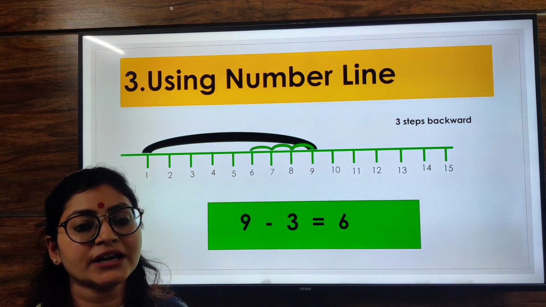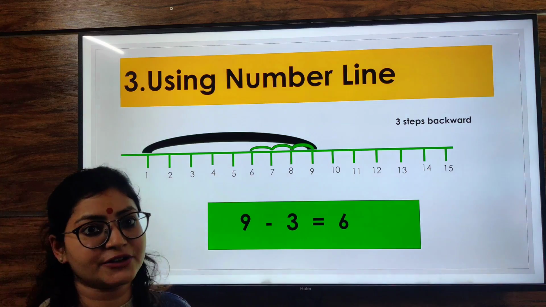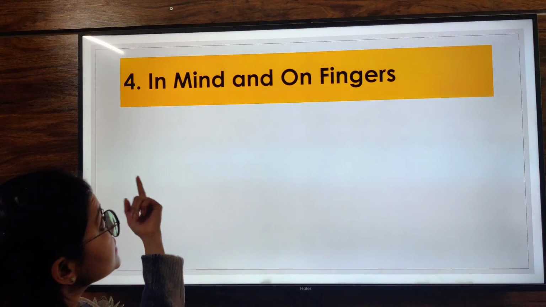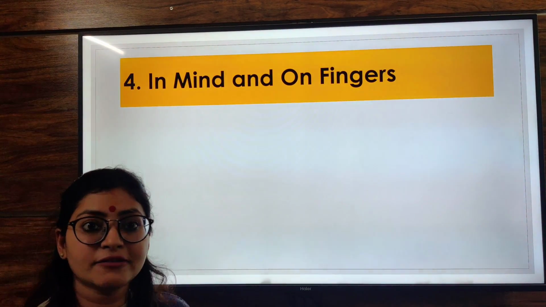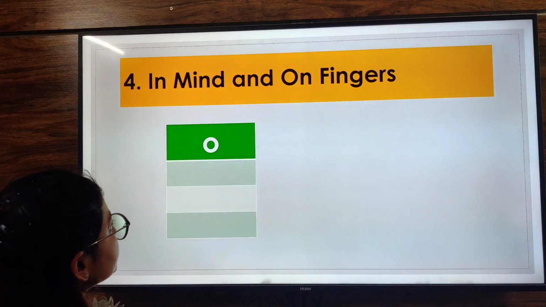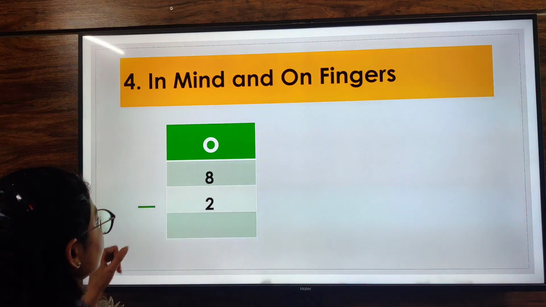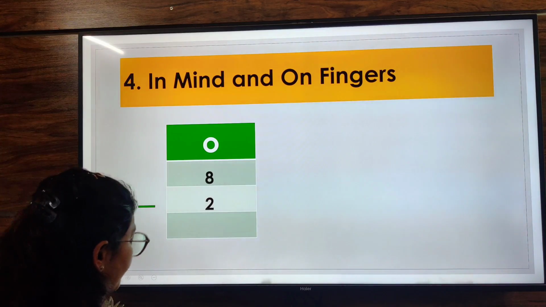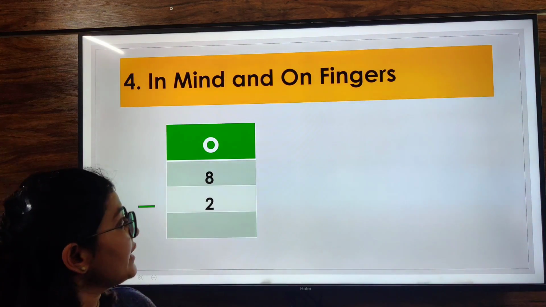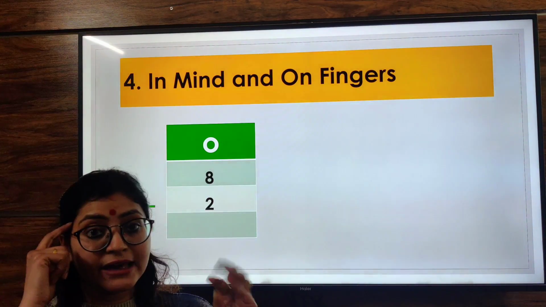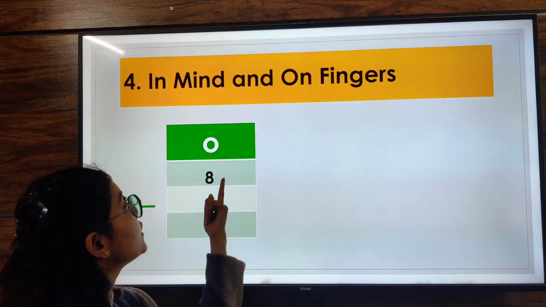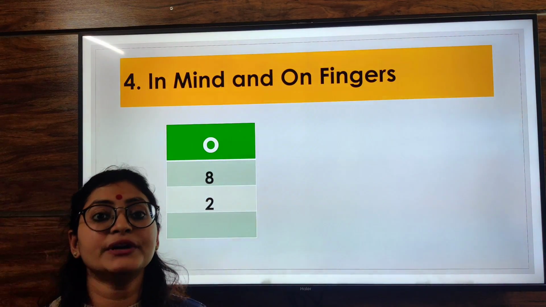Now let's move on to the fourth method of doing subtraction, that is in mind and on fingers. My question here is 8 minus 2. Because now we have to use our mind and the fingers, we will keep the bigger number in mind.